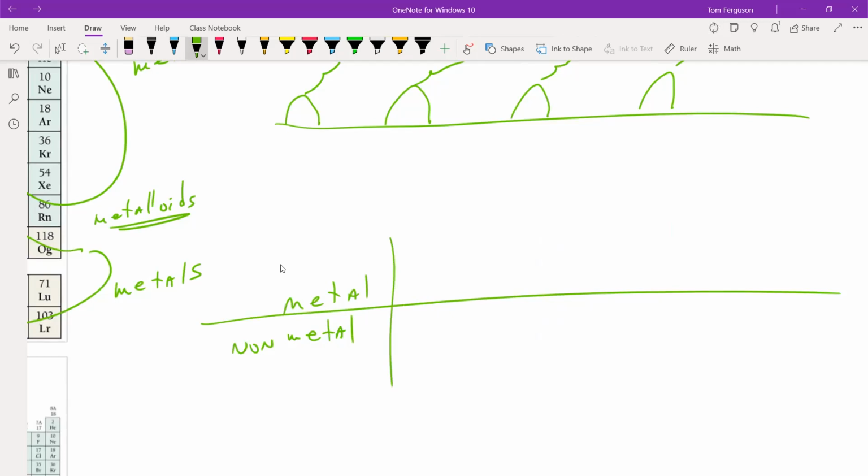Okay, metal. Tell me something about a metal. What is the chemical characteristic of a metal? Shiny. Good. So what do you think a non-metal is? Dull or not shiny? Okay. What are the characteristics of metals?